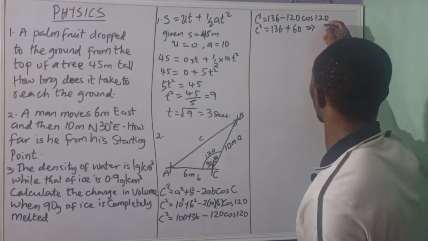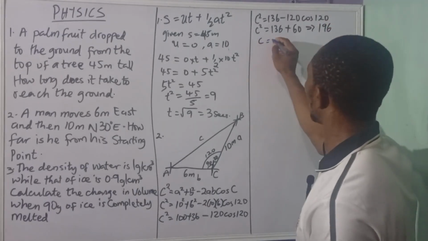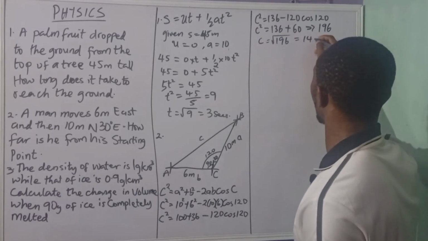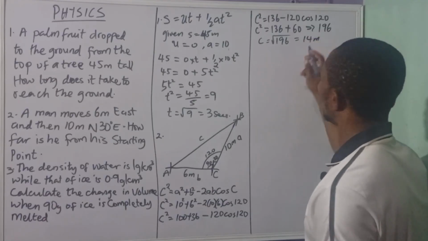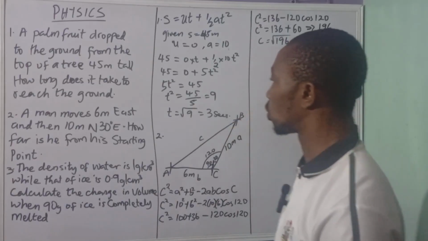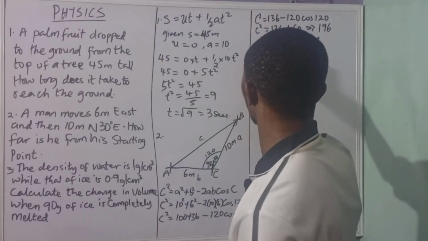So c squared will be 196. So c equals root 196, which gives us 14 meters. So the distance between the man's current position and the starting point will be 14 meters.